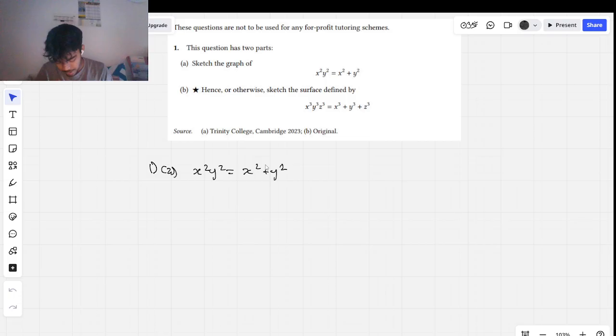Now let me think of the things that seem to be obvious. So the origin, 0 0. If x is equal to 0 and y is equal to 0, then 0 squared times 0 squared equals 0 squared plus 0 squared. Now, this is clearly satisfied.